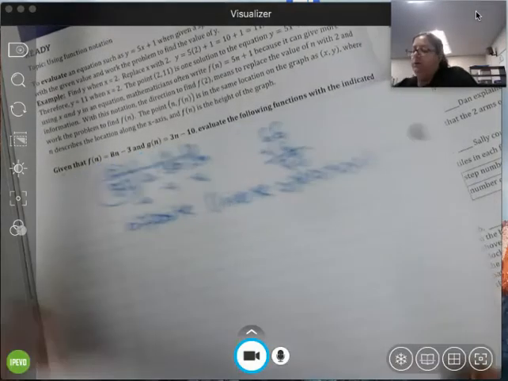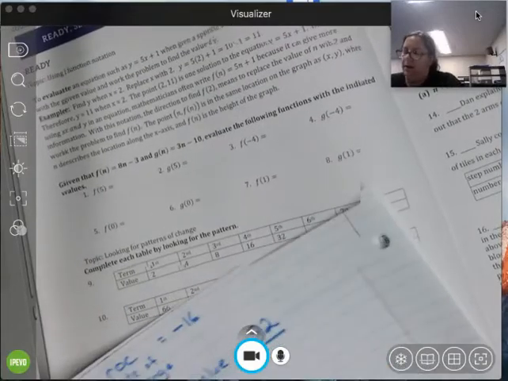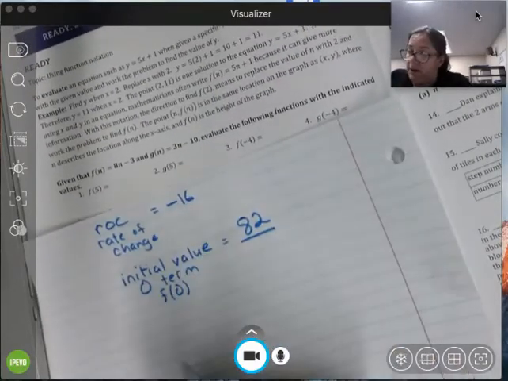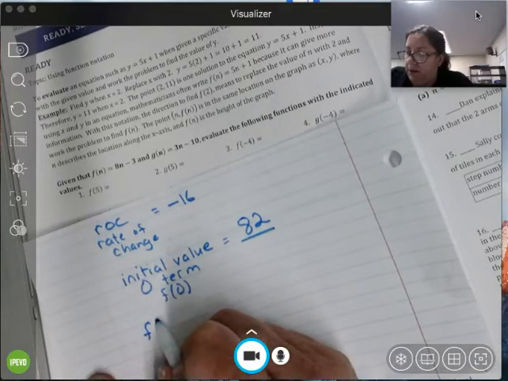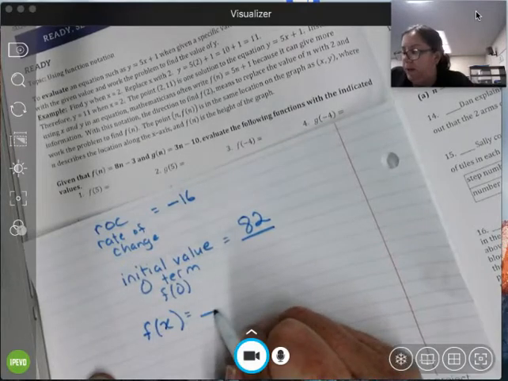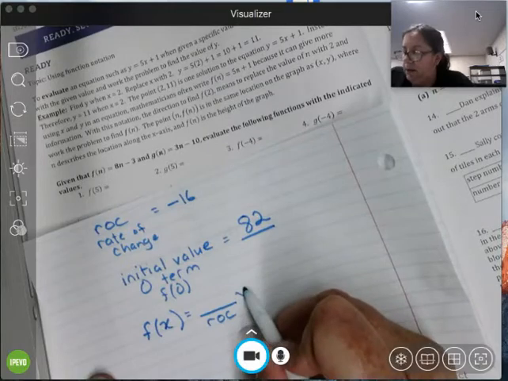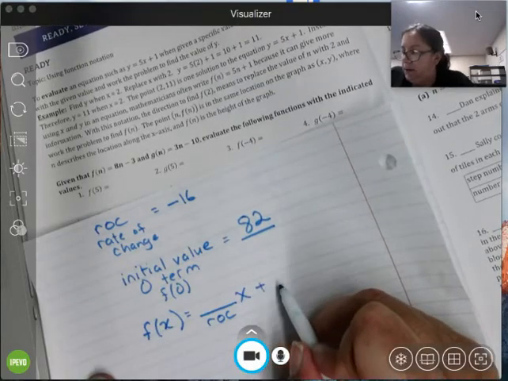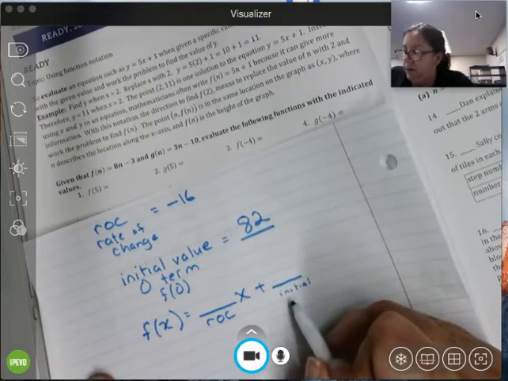Now, if you look at your notes from the last class, it was like a Nearpod that we did together as a class. One of the things that I showed you was if you want to write an equation, you can write f of x equals, and we're going to fill in the blank, the rate of change times x plus the initial value, which is the zero term.